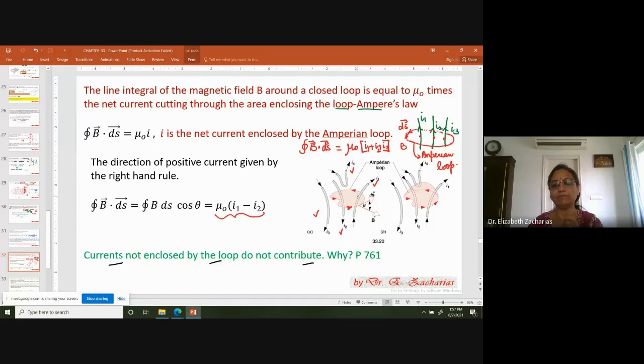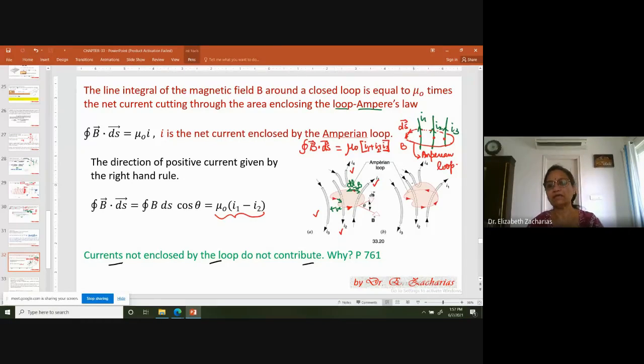Here, B will be in this direction and dl in this direction, therefore negative. When you come here, B and dl are in the same direction, therefore positive. So the net integral will be 0.